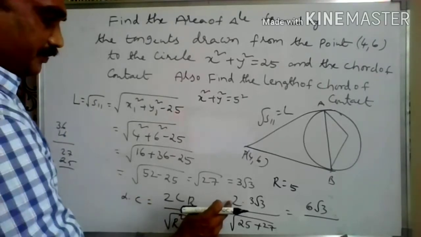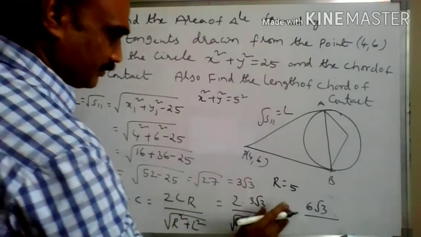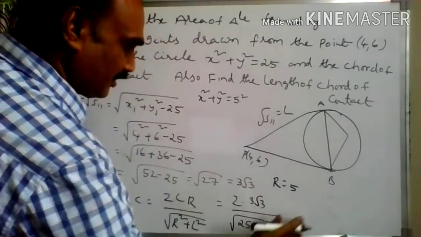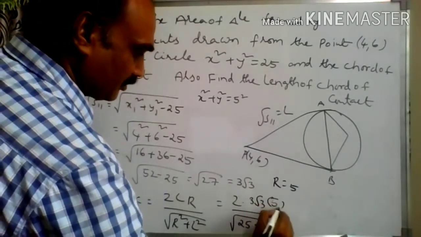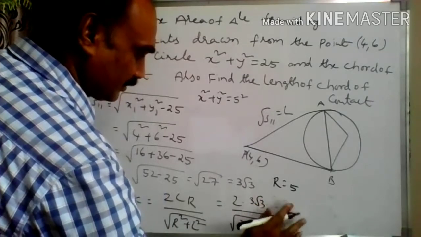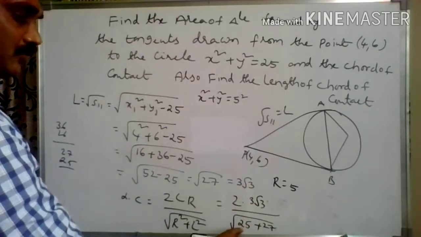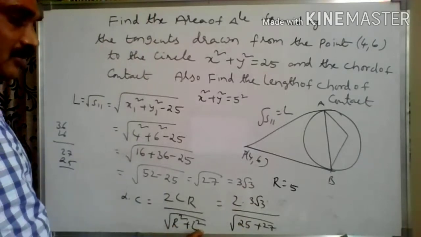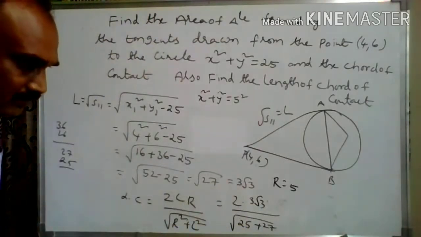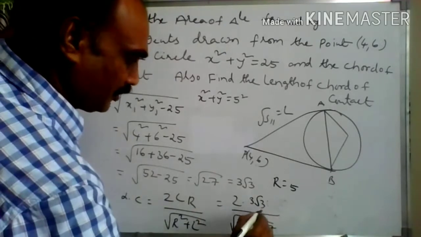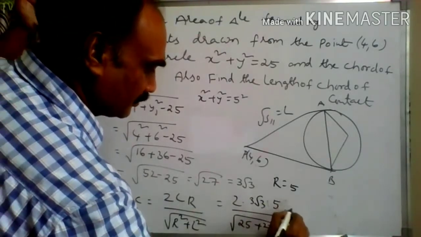So 2 into L into R, where L is equal to 3 root 3 and R is equal to 5. L square is equal to 27.